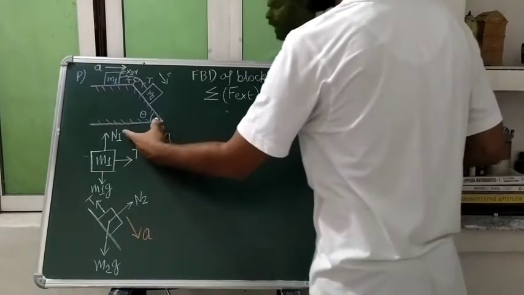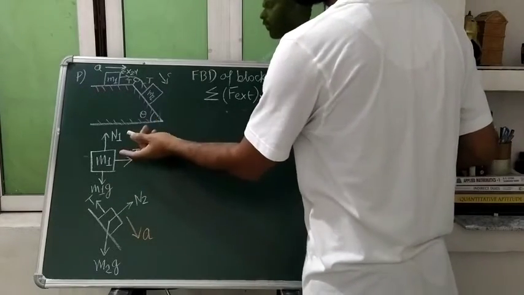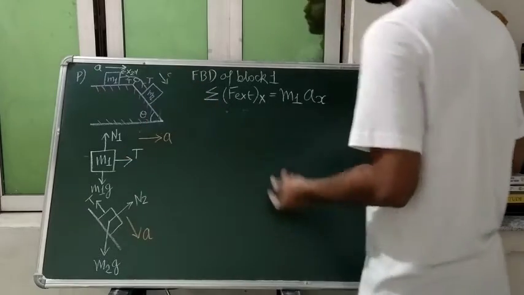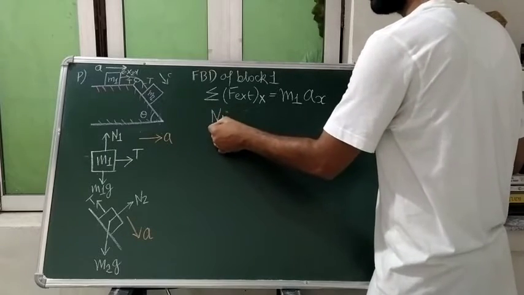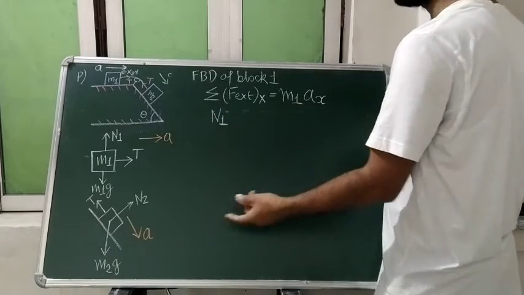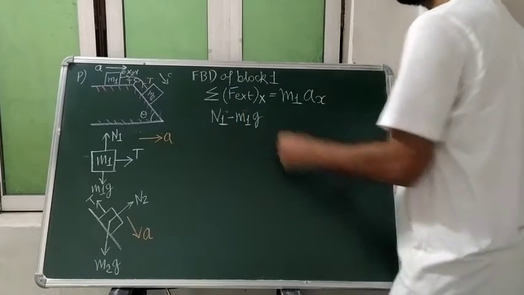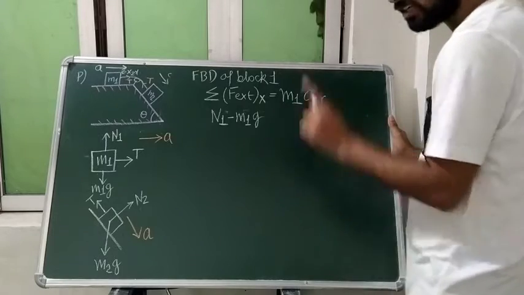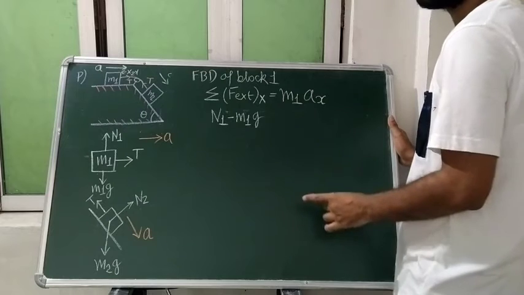Look at this: n1 in the x direction. Taking upside as positive, n1 is positive and m1g is negative, so n1 minus m1g. Is there any acceleration in that direction?